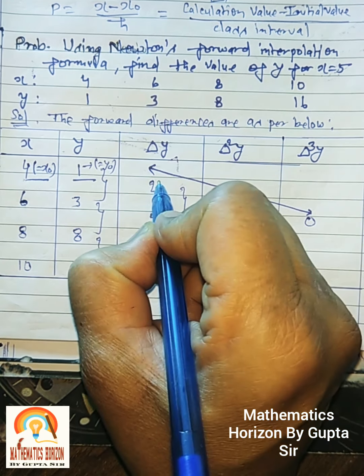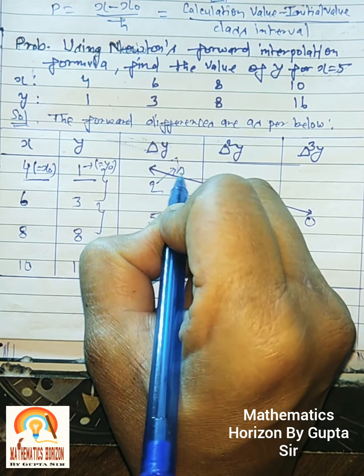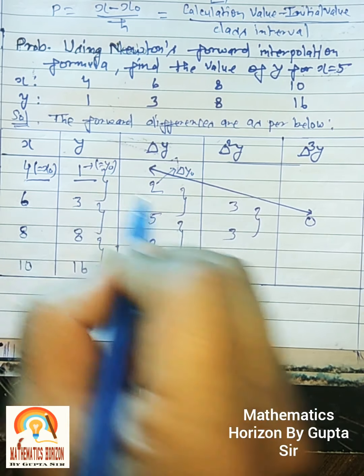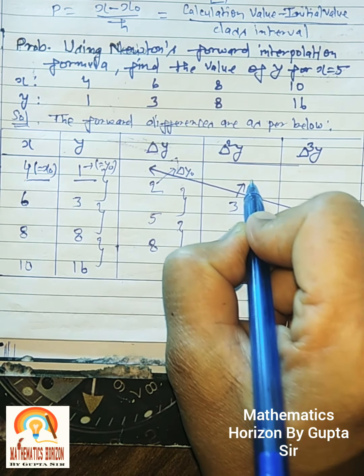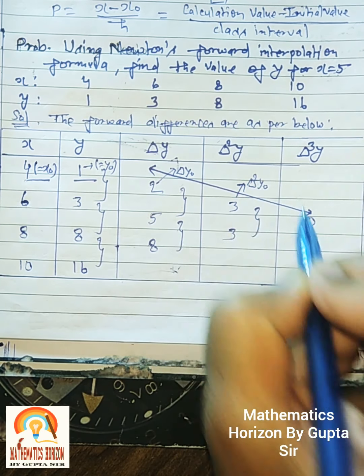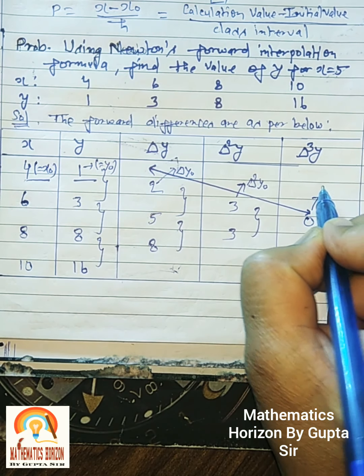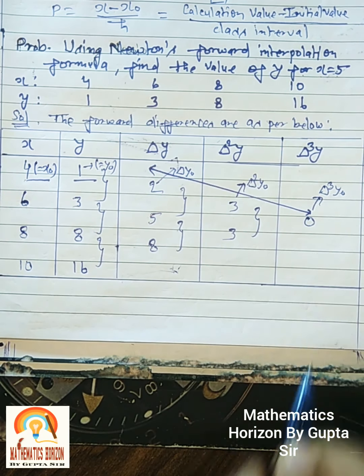Now this value is called del y0 corresponding to y0, this value is called del square y0, and that value is called del cube y0.